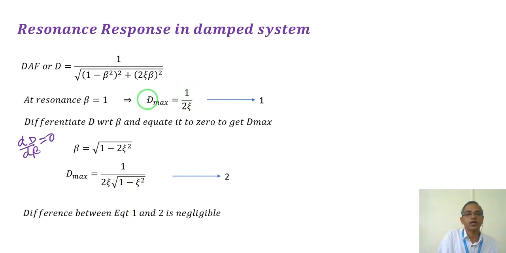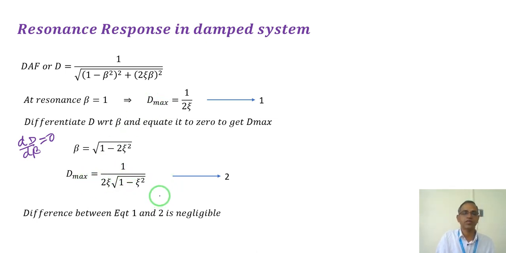Again, if you look at the d max at beta equal to 1 and the d max by equation 2, they are very close, because we know xi square is very small. That means 1 minus that is very close to 1, and the root of 1 is 1. But if substantial damping is present, then these two are different.